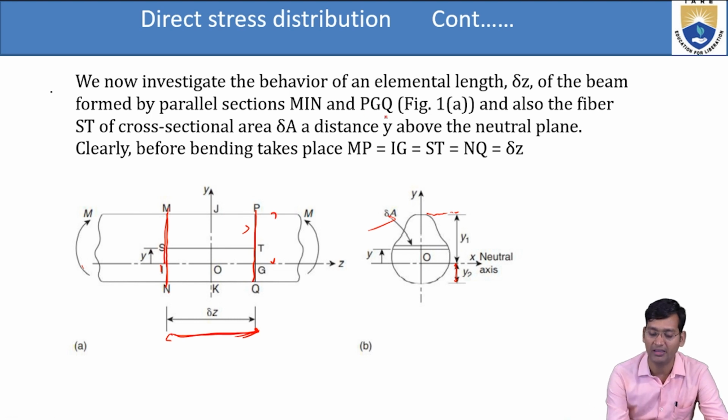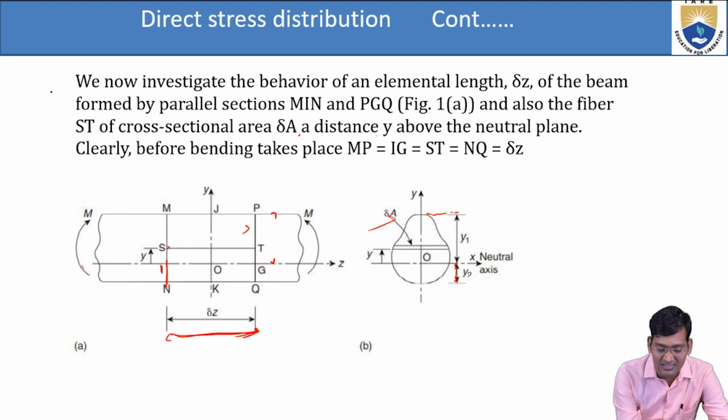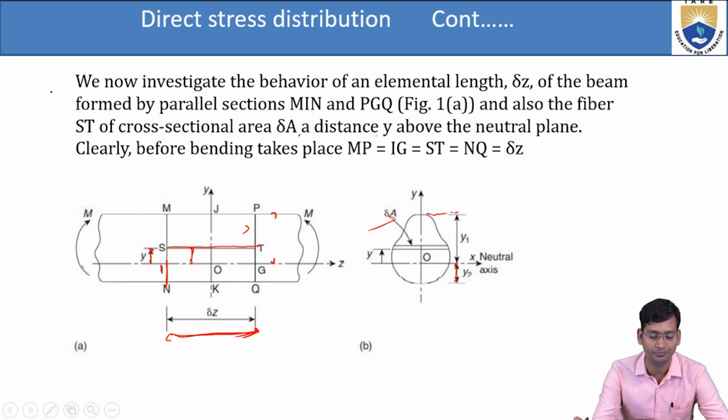So MIN and PGQ. And also the fiber ST of cross-sectional area delta A, at a distance y above the neutral plane. So just here, this ST fiber is at a distance of what? Y from the neutral plane.